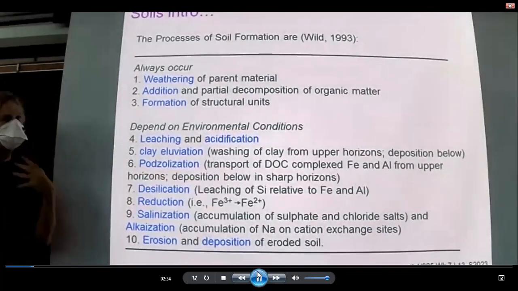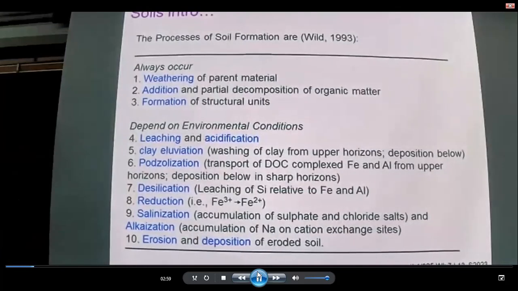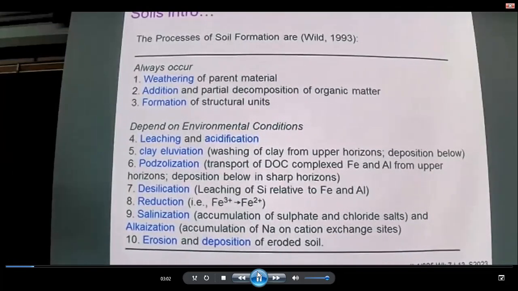And the accumulation of salt, especially sulfate and chloride salts.